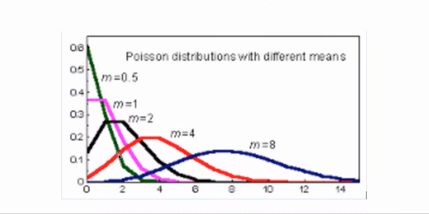And one interesting thing to note is this initial plateau is there for x equals 1 when the mean is 1. If the mean is more than 1, we're going to get this front tail here. And if the mean is less than 1, we're not going to get the front tail. We're just going to start and keep dropping the percentages as we go to a higher x for our random variable.